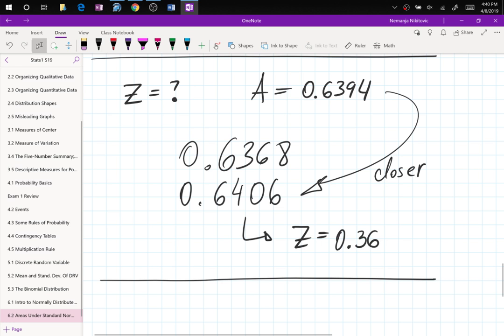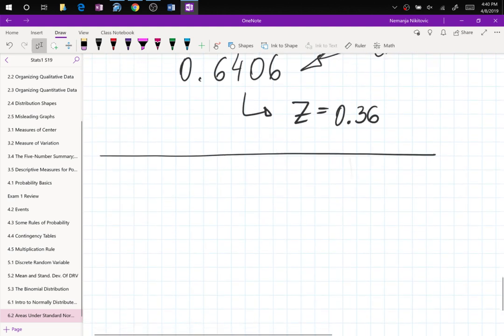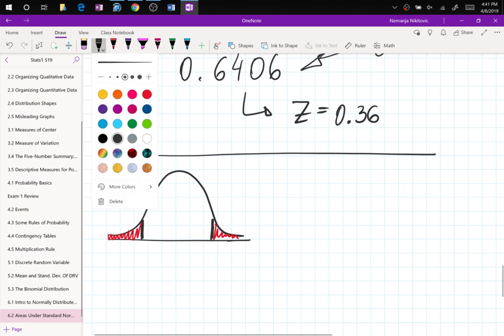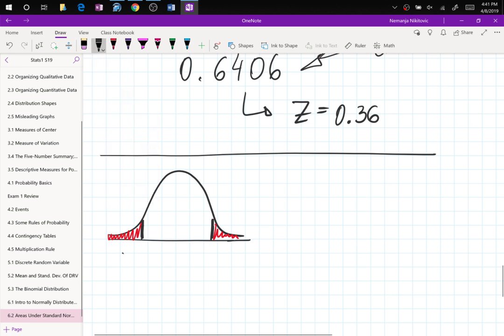Let's take a look at the homework assignment. Homework assignment is asking you to find the area in the two, what we call tail ends. So two tails, and each one of these is a z-score of 2.33.